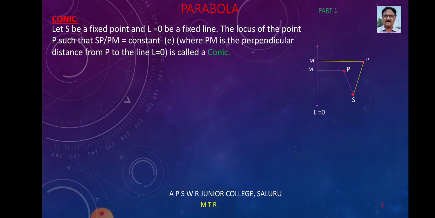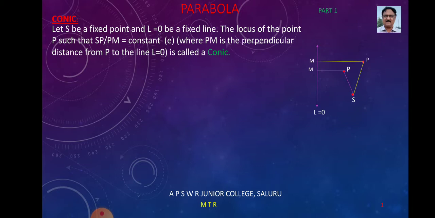Like that, we collect the points P such that the ratio of SP and PM is always constant. Then joining those points, we have a curve. That curve is called a conic.